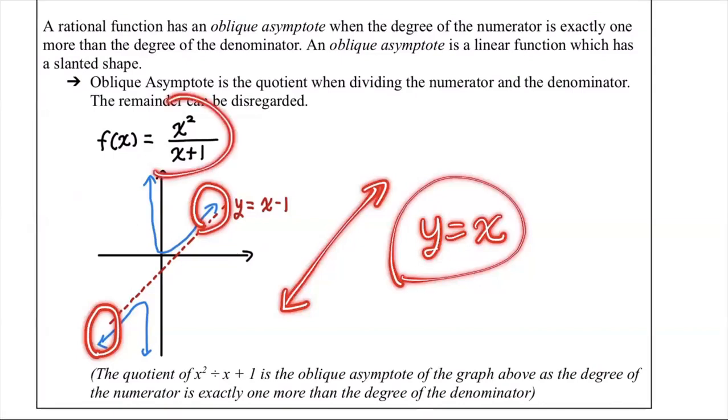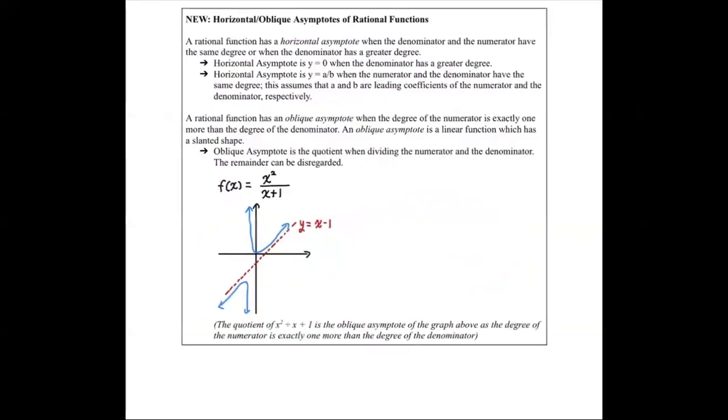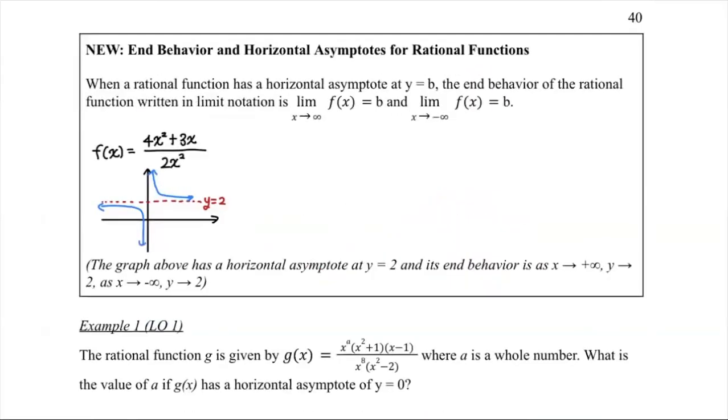So essentially, when we divide the leading term of the numerator by the leading term of the denominator, we get y equals x. That's why the overall end behavior of this rational function is the same as the end behavior of y equals x. Great. Now let's learn about end behavior and horizontal asymptotes for rational functions.